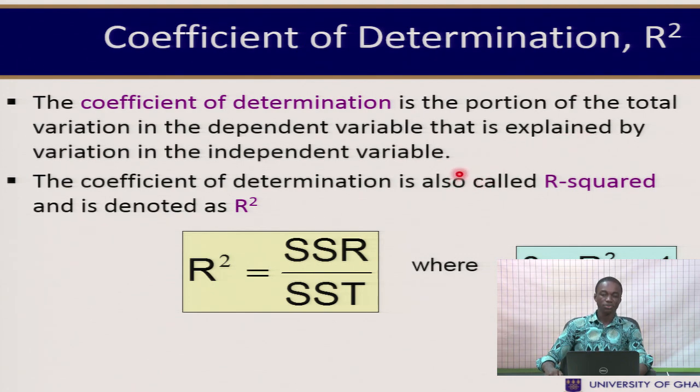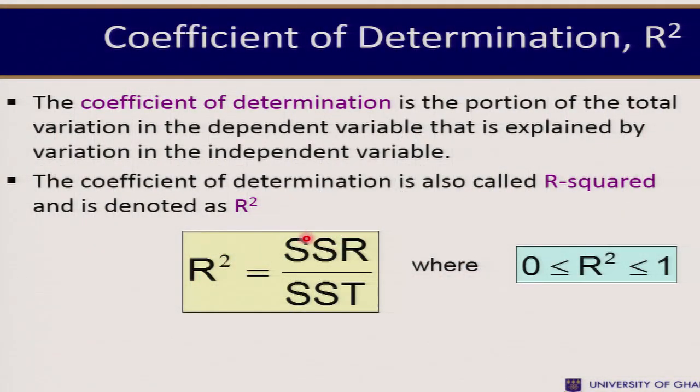In other words, the coefficient of determination is the portion of the total variation which is explained by your regression model. The coefficient of determination is given as the R squared, which is equal to the SSR over the SST. Thus, the regression sum of squares over the total sum of squares. This gives you a value whose range lies between 0 and 1.